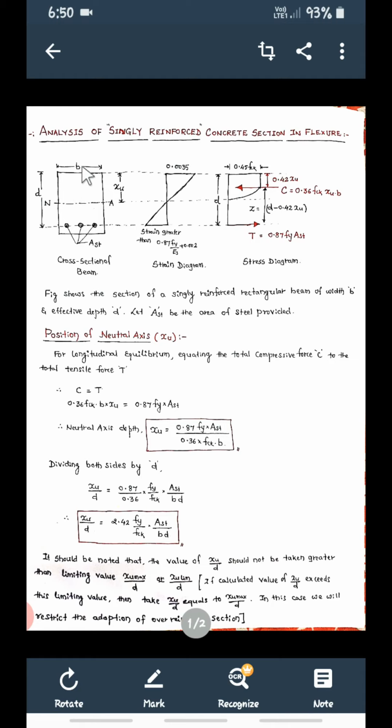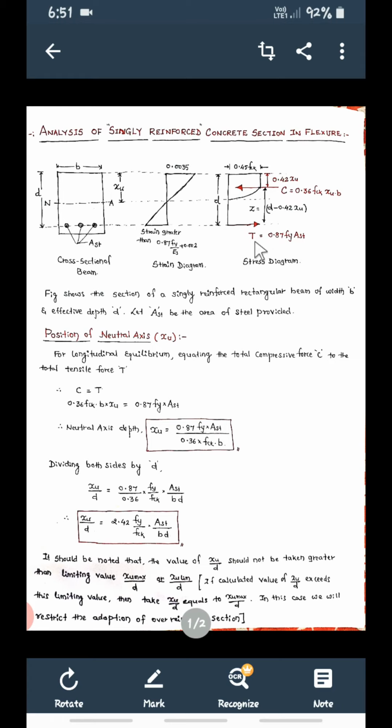This is a rectangle, so the area is B into XU. Stress into area, 0.36 FCK into B into XU, gives the total compressive force C, which acts at a distance of 0.42 XU.